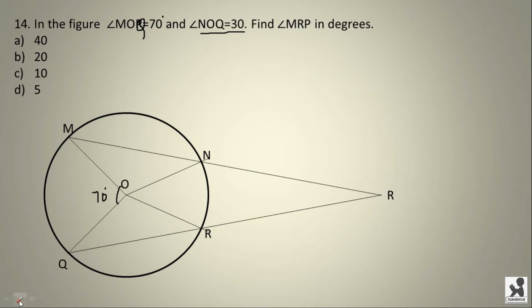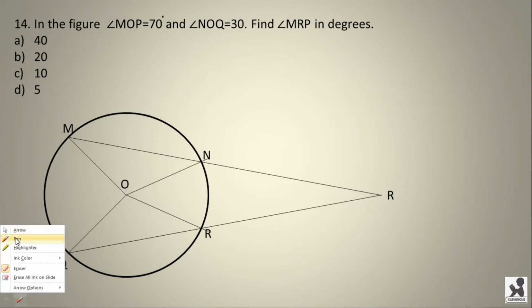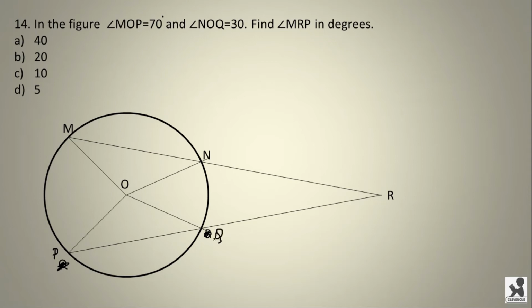Please make this correction. This is point P and this is point Q. Angle MOQ is given as 70 degrees and angle NOQ is given as 30 degrees. Find angle MRP. This angle is asked.